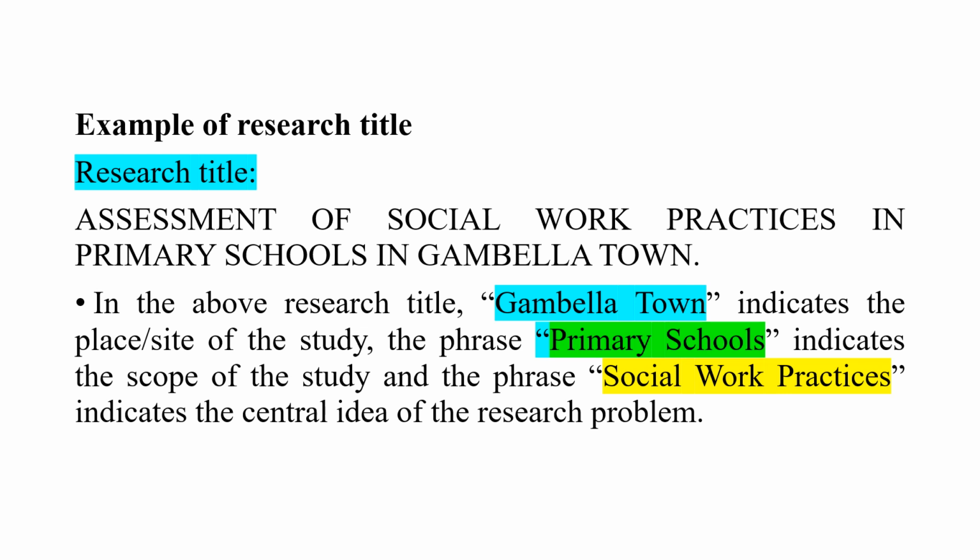And the phrase social work practice indicates the central idea of the research problem. That means the research is undertaken on the practice of social work. So the research title should be self-explanatory as far as possible.